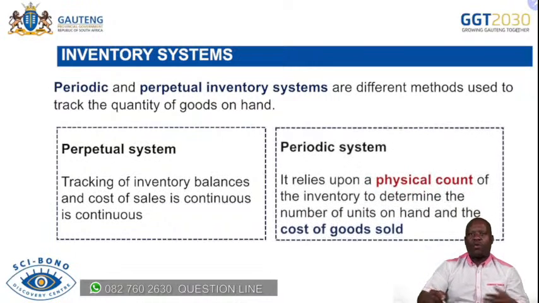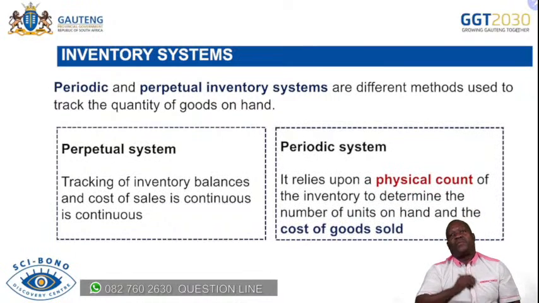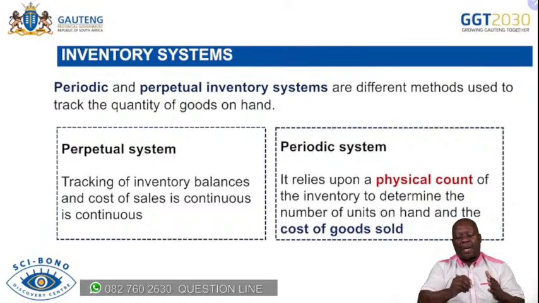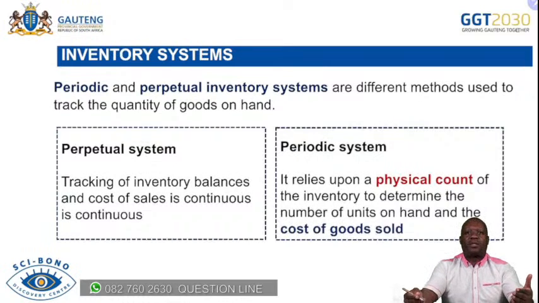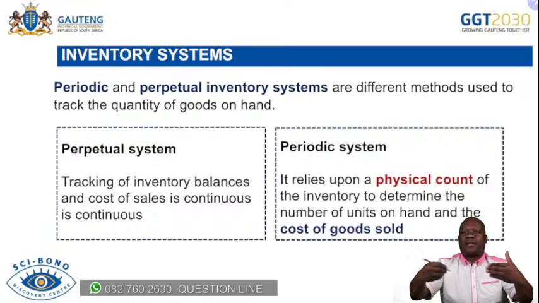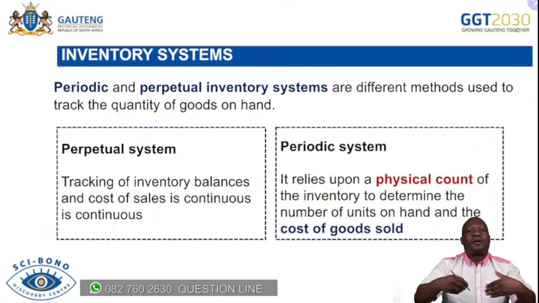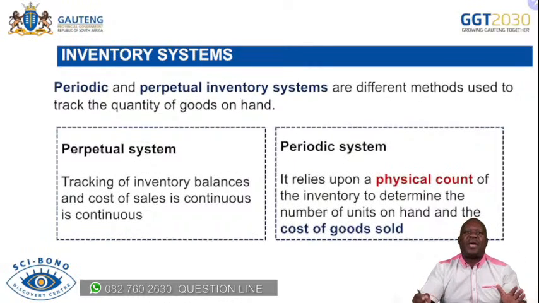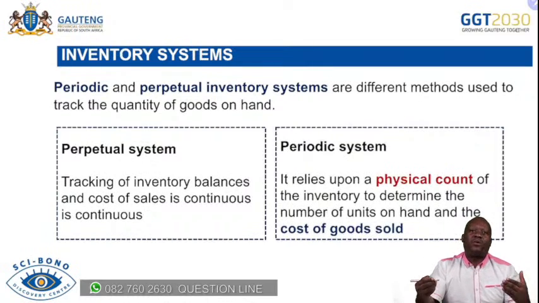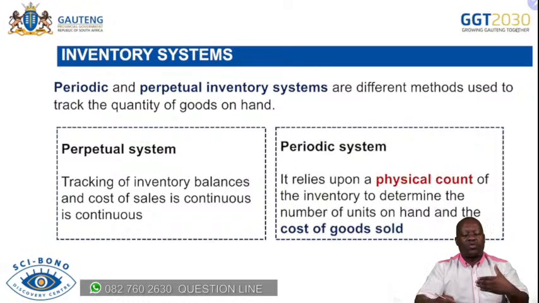And then when we look into the periodic system, this system relies on a periodic count. Now remember, periodic, after a certain period. If it's weekly, monthly, fortnightly, quarterly, yearly, it depends on the business. But please be reminded, it is good for us to try and count our stock at intervals that are close to one another, because it helps us to detect if there is any problem with our stock.